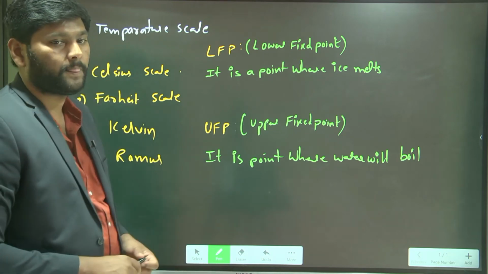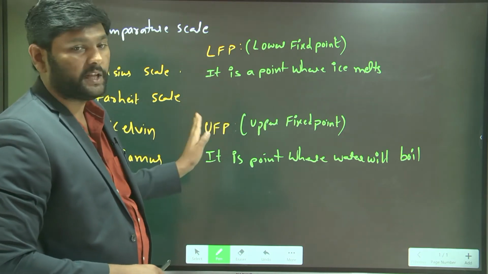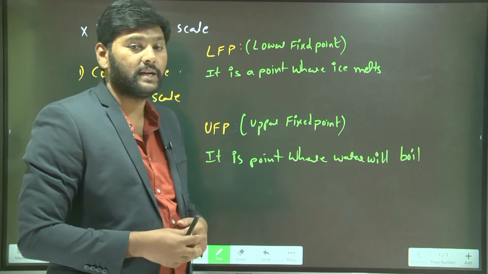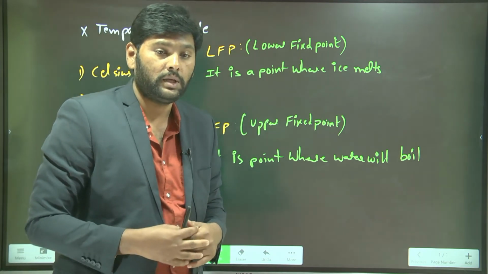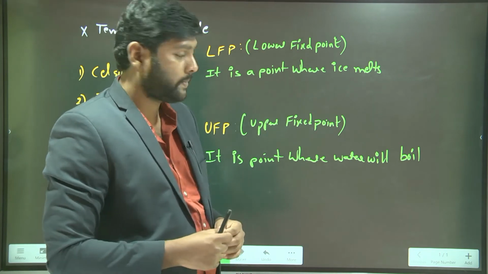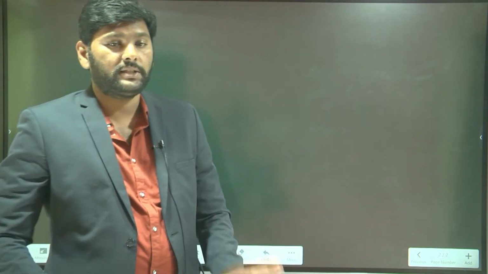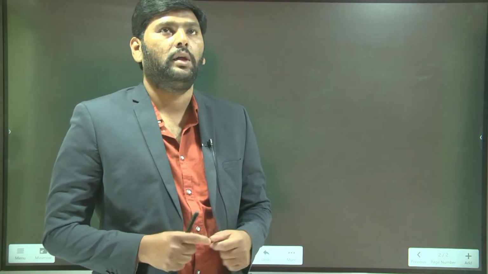Understand? So this is the useful terminology related to these scales. Now, how to use the scales? The very important thing is that we have different scales. For example, what is the normal body temperature generally?